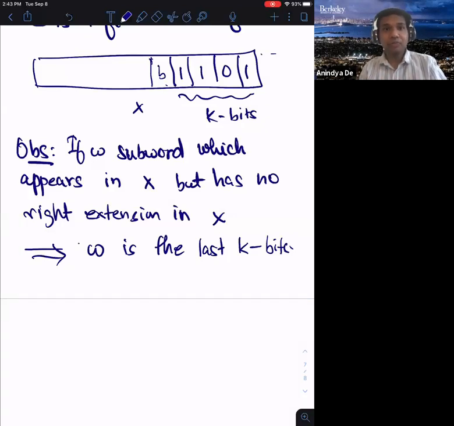So the whole point is this uniqueness of extensions. If the uniqueness of extensions property holds, then you can reconstruct the whole string.